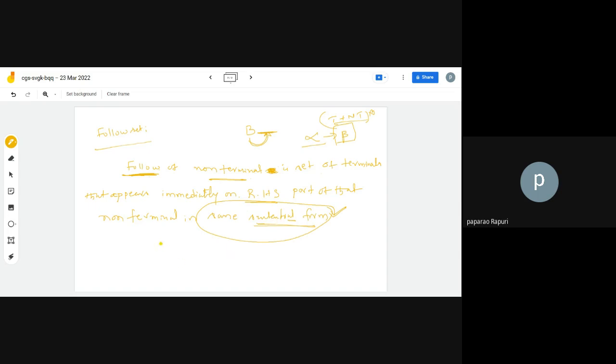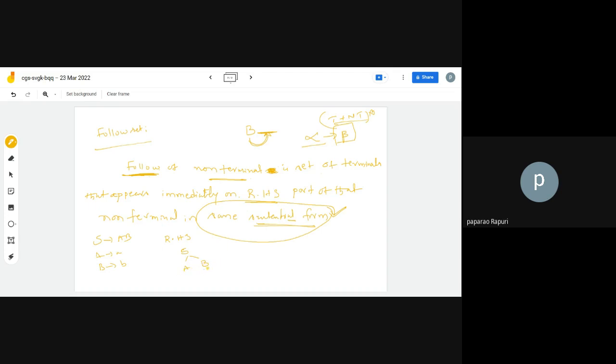So for example, S derives AB, A derives small a, and B derives small b. Here, every time we need to replace the rightmost non-terminal. S is the start symbol, so for S we replace with AB, the sentential form.